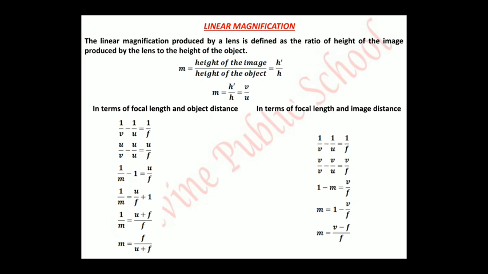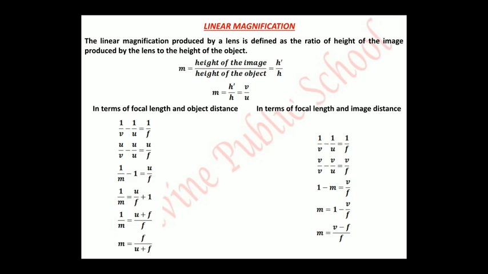So remember that if you have to calculate for object distance, multiply by the object distance itself, that is u. And if I have to calculate in terms of image distance, multiply the whole equation by image distance, that is v. But suppose you have to calculate in terms of v and u only, then you use the above formula h dash upon h is equal to v upon u. So this is what the linear magnification is.